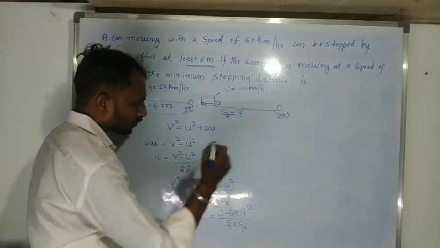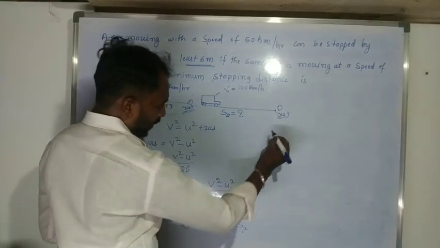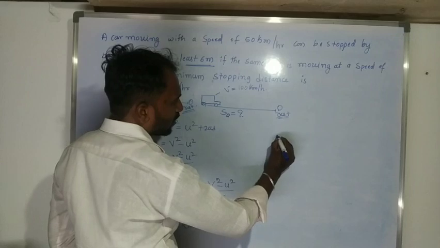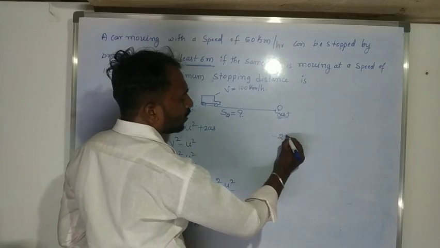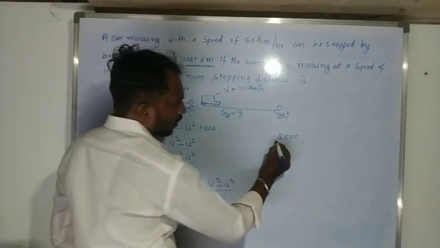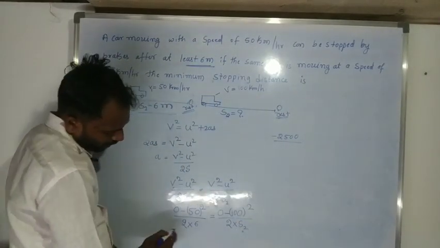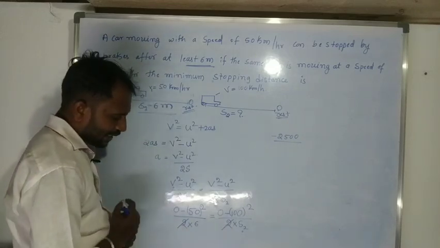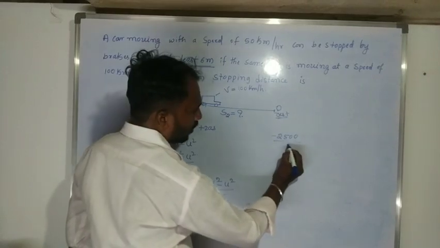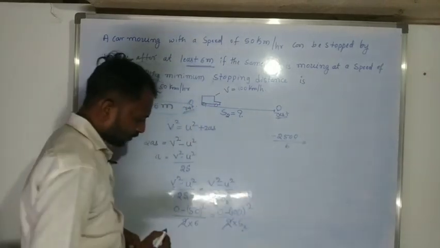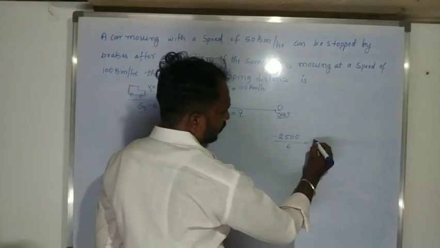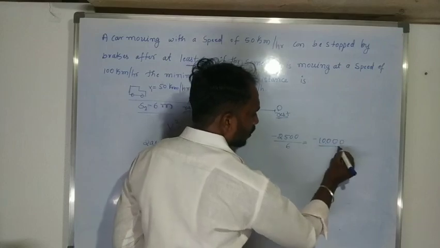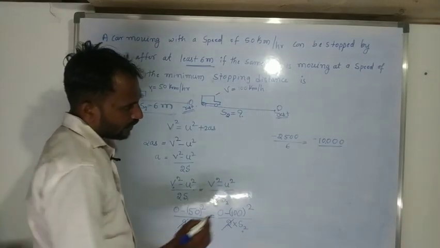Here 0 minus 50 whole square. 50 square means 2500, divided by, so here the 2 gets cancelled, 6, is equal to 100 square, it means 10,000 divided by s2.